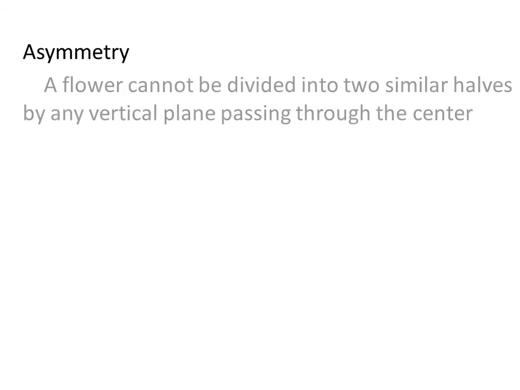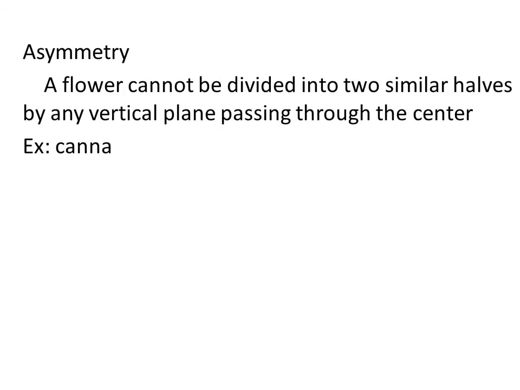Then let us move to this type of symmetry, which is asymmetry. What do you mean by asymmetry? Asymmetry is nothing but absence of symmetry. A flower cannot be divided into two similar halves by any vertical plane passing through the center.